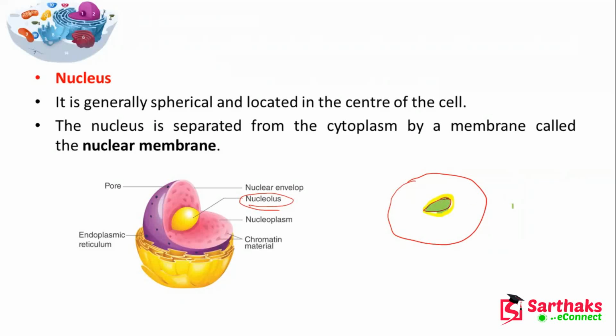This is the nucleus, and this one is the cytoplasm, that is the jelly like fluid you have, and the nucleus is separated from the cytoplasm by the nuclear membrane. Okay.